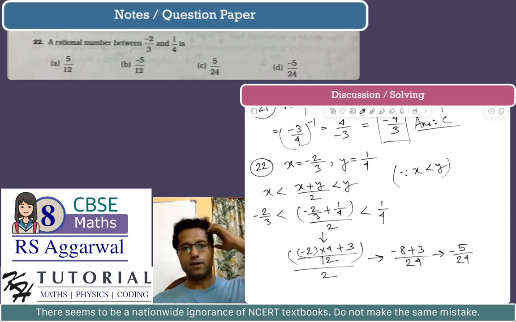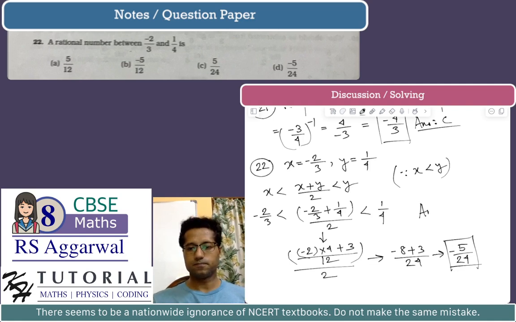So minus 5 by 24 is a rational number in between the given two rational numbers. So the correct choice is D. The correct choice is D.